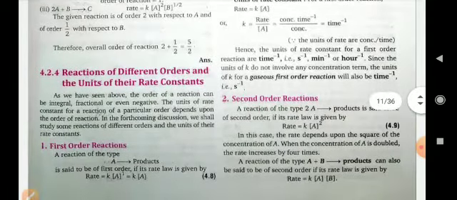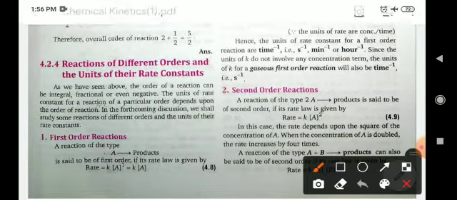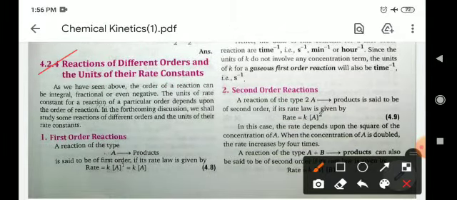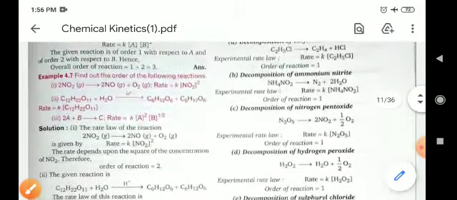Now come to the reactions of different orders and units of their rate constants. Firstly, the first order reaction. A reaction of the type A gives a product is said to be first order if its rate is given by rate equals k [A]^1, because it is a first order reaction.